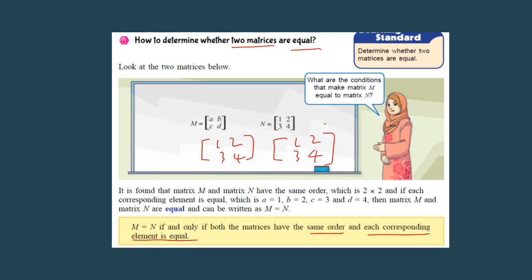All corresponding elements are equal, and it is the same order. This is 2 by 2, this is 2 by 2 also, and all elements are in corresponding order. Yeah, 3 is here, 4 is here. Okay, so let's see.